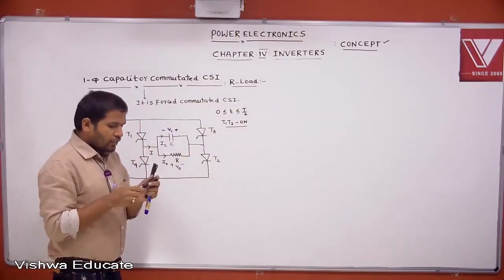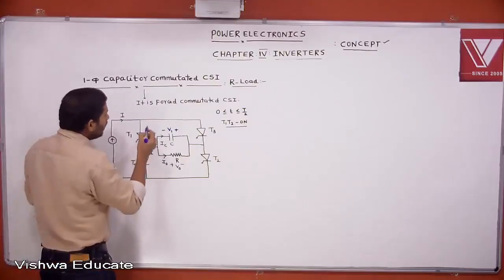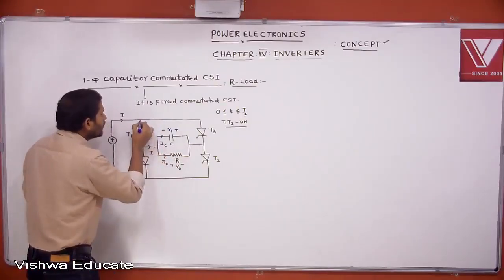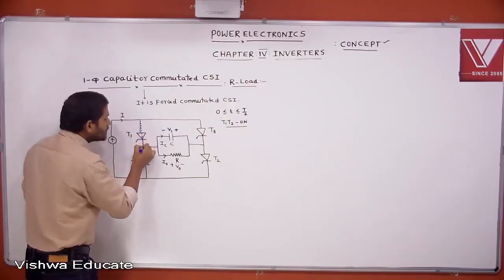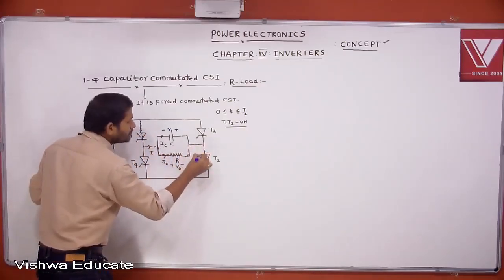If T1, T2 are on, this is the current flowing. There are two currents, no doubt, but I am concentrating on the load current. This is the load current direction.